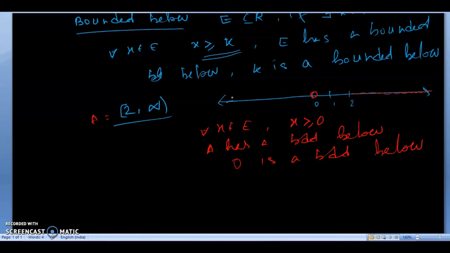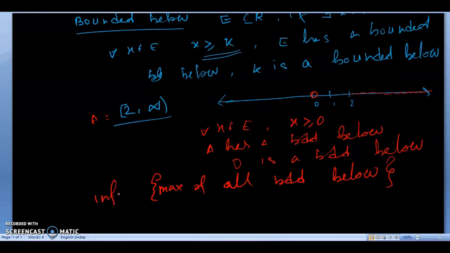So for uniqueness we want one thing. In the previous case, bounded above, we took the minimum; here we take the maximum of all lower bounds. If you take the maximum of all lower bounds, you will get the infimum.